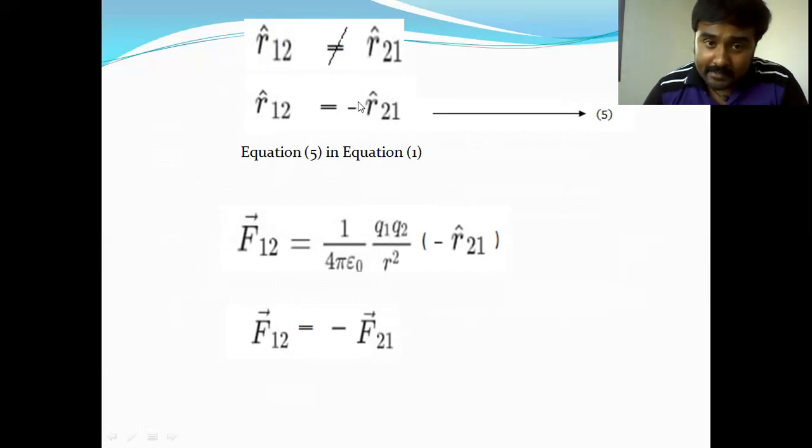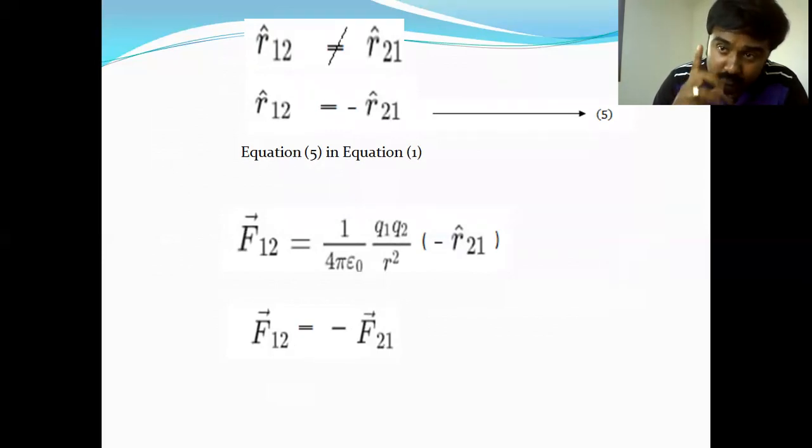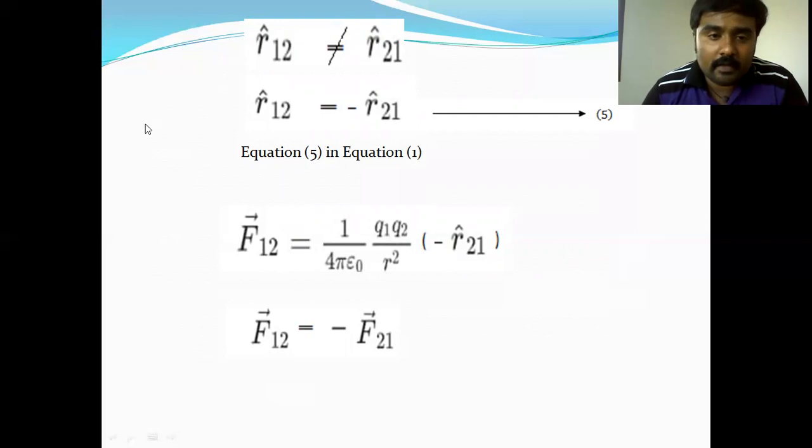A negative sign indicates direction. So the negative sign indicates that the direction of R12 cap is opposite to the direction of R21 cap. Let us call this equation number 5. Now put equation 5 in equation number 1.